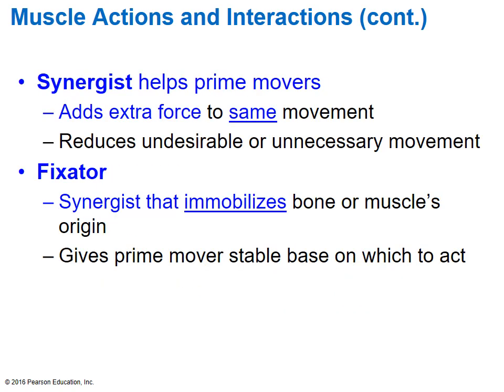You'll also see terms like synergist or fixator. A synergistic muscle is basically a muscle that's going to assist with the force. It usually has the same movement. It's going to allow you to accumulate a greater strength or a greater motion of action. So for instance, whenever you're lifting heavy items, you'll always hear the saying of lifting through your knees and not through your back.